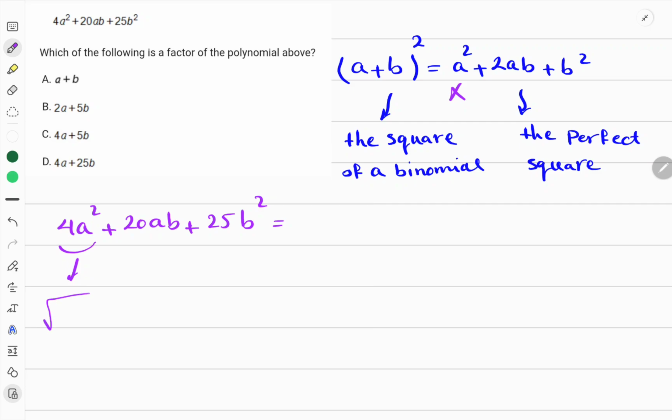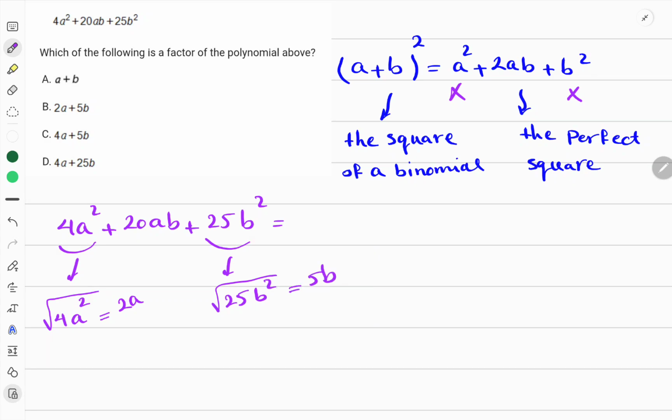So if you find the square root of 4a squared, the first term is 2a. And this one, this is b squared. So you can find the square root of 25b squared, which gives you 5b.